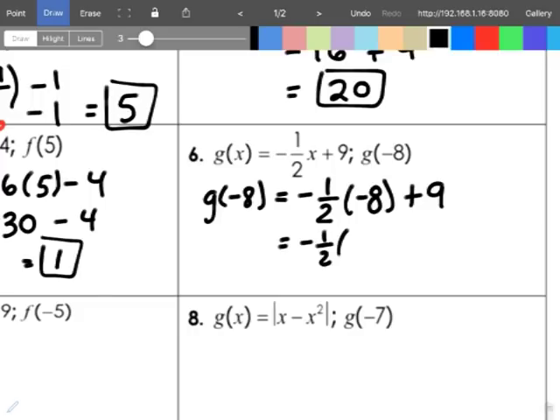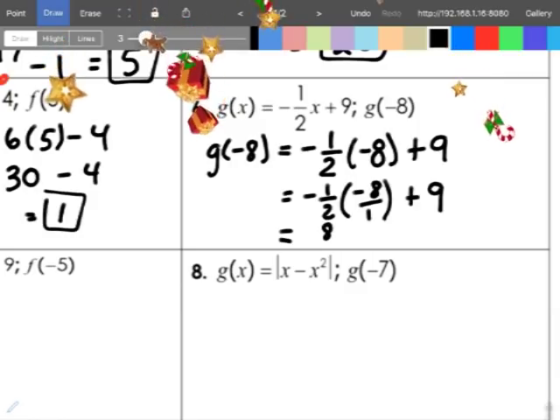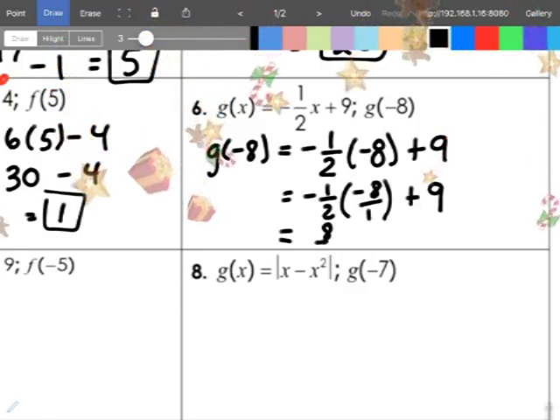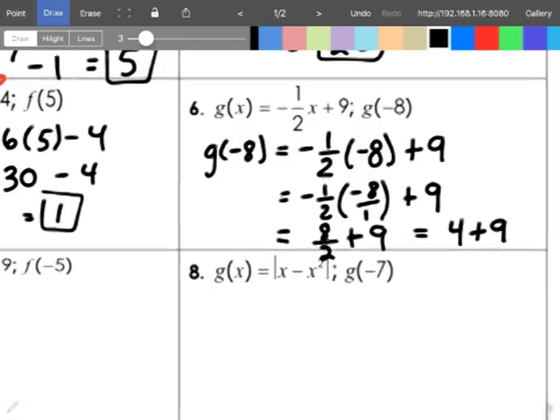Negative 1/2 times negative 8 over 1. And then I'm just going to bring down that plus 9. Now multiply across. Negative 1 times negative 8 is 8. 2 times 1 is 2. And that equals 8 divided by 2 is 4. 4 plus 9 is 13.